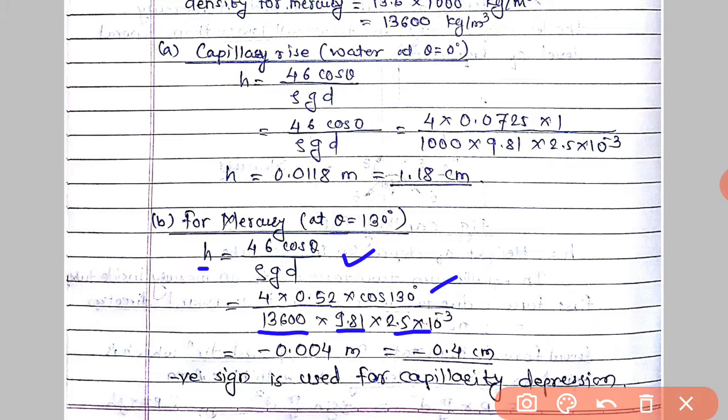So the value will become minus 0.004 meter. We can convert it into centimeter. This equals minus 0.4 centimeter, and the negative sign shows that it is capillary depression. So 0.4 centimeter will be the capillary depression.